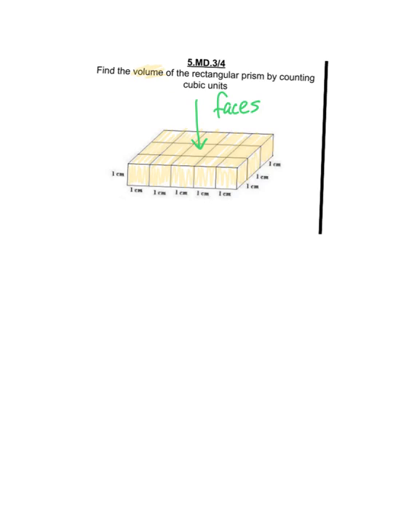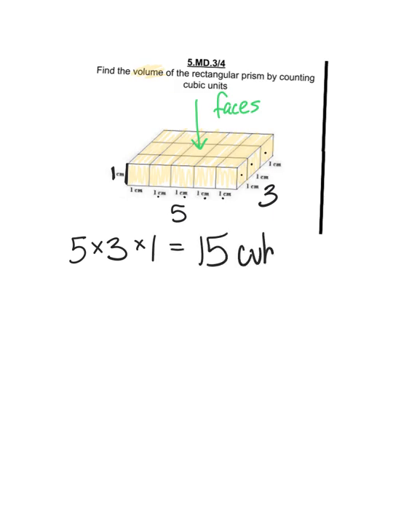Okay, let's see. We've got 1, 2, 3, 4, 5 by 1, 2, 3. We need to multiply side times side times side. The height is the last side, and that has a height of just 1. So we're going to multiply 5 times 3 times 1, which of course gives us 15 cubic units.